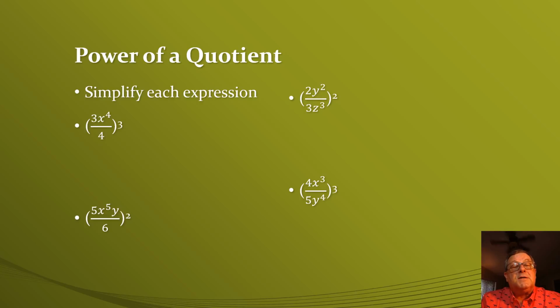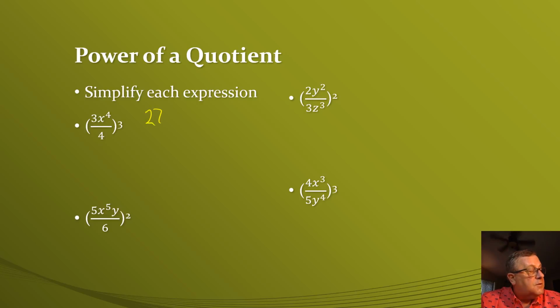Let's see, we've got 3x to the 4th divided by 4, and all of that is raised to the 3rd power, or let's say cubed. Let's look at the numerator first, and each term in that expression. Well, we've got 3 cubed. 3 times 3 is 9, 9 times 3 then is 27.